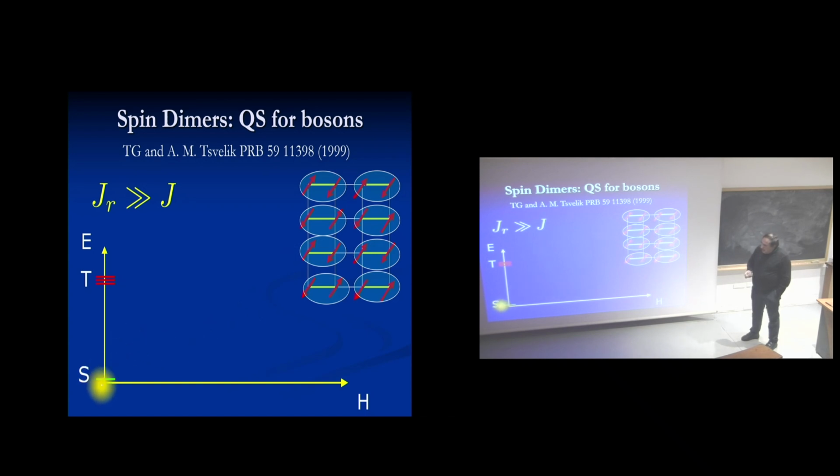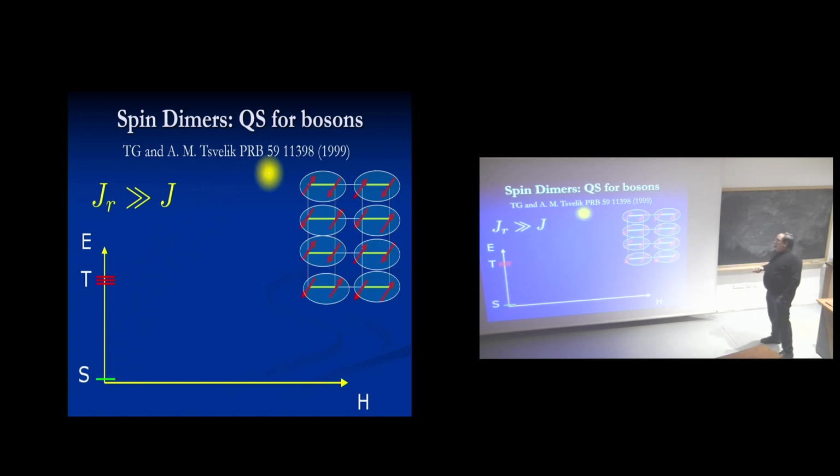The singlet state has the lowest energy, and I have the degenerate three states of the triplet, which can be either with Sz equal 1, Sz equal -1, or Sz equal 0, which is a quantum superposition of up, down, and down, up. And the singlet is the other quantum superposition.